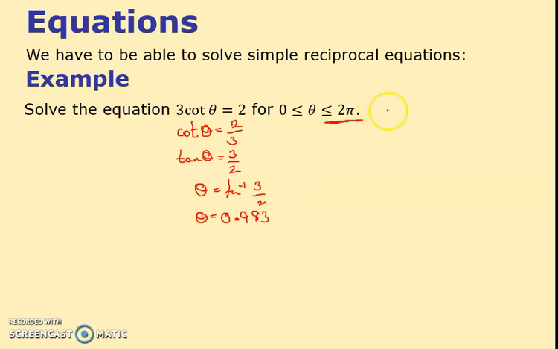Now remember, with tan, you get a second solution with 180 plus it. Now we're not in degrees, so rather than 180, I'm going to write pi. So basically I have to add pi onto this, so plus pi is 4.12.